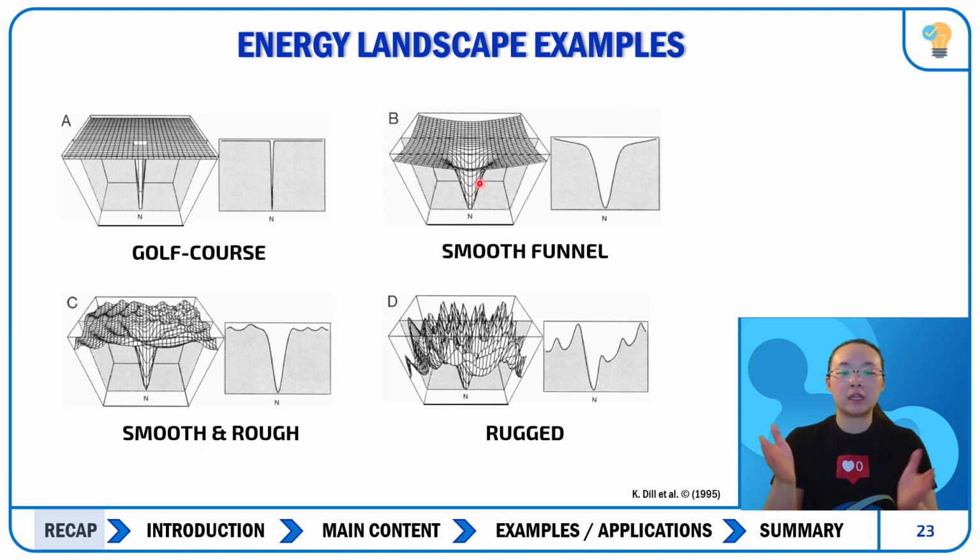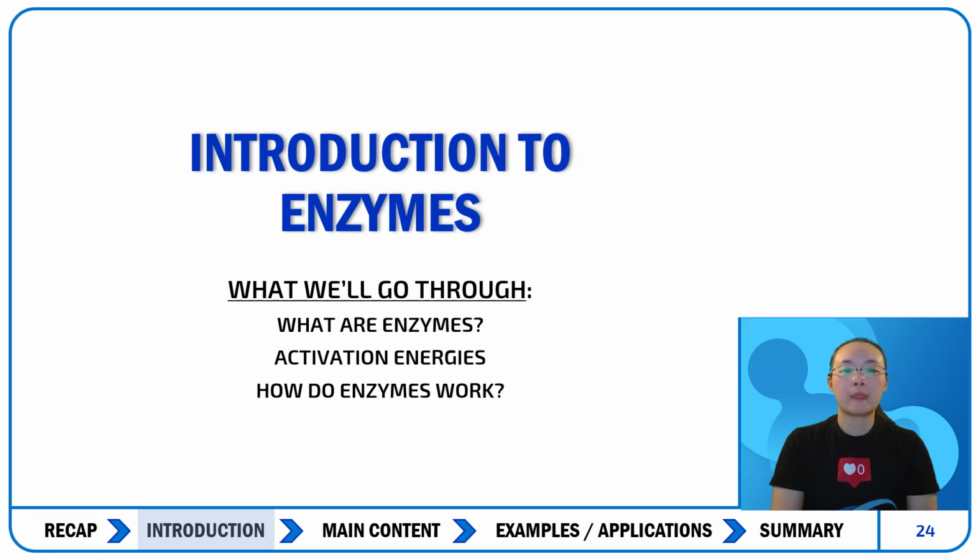You want to have it cascade or flow down an energy landscape. The more of a hill you have, the more the protein can adjust or reconfigure itself so that it becomes a more and more preferred structure. So that gives a good 20-minute recap of protein folding.